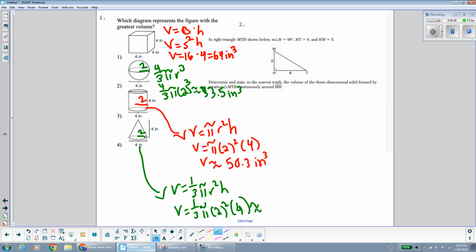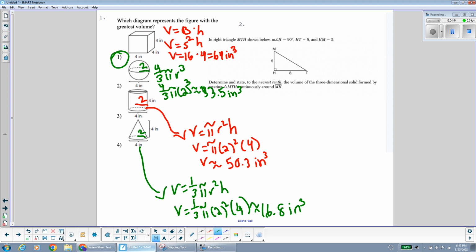I messed up typing in this one, so I'm going to try it again. 1/3 pi, 2 squared, times 4. And I got approximately 16.8 cubic inches. So that tells me that the cube had the greatest volume, but once again, I did have to calculate all of the volumes in order to see that.